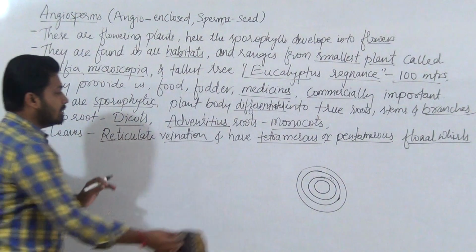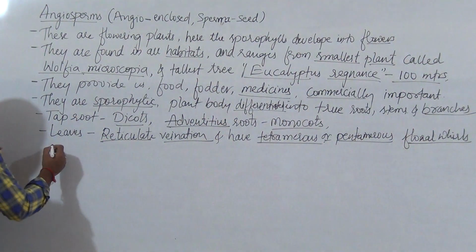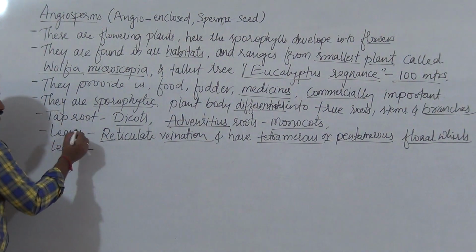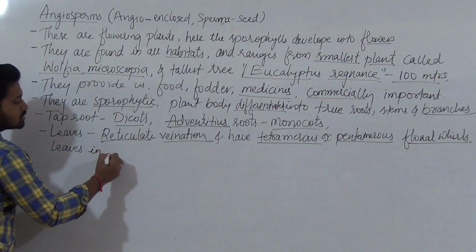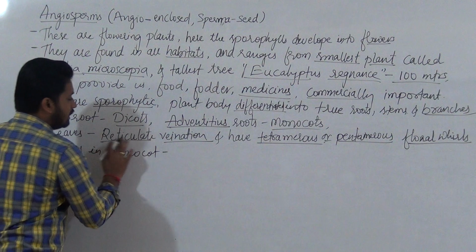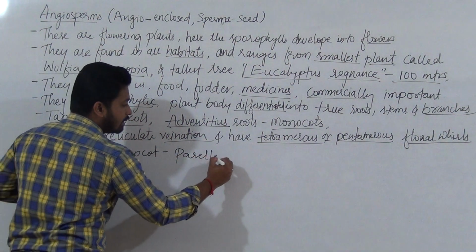Similarly, coming to monocot flower, leaves in monocot. This is dicot, remember. I will write here leaves in monocot, here reticulate, here parallel venation.